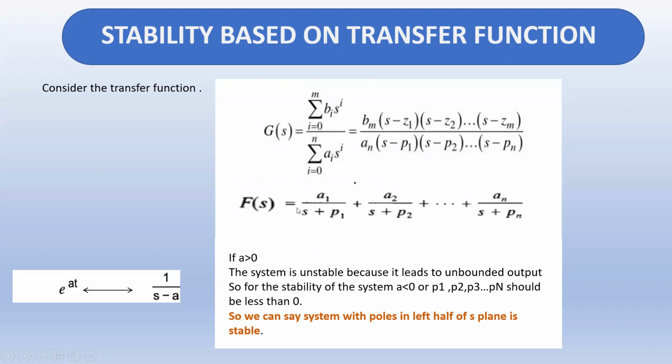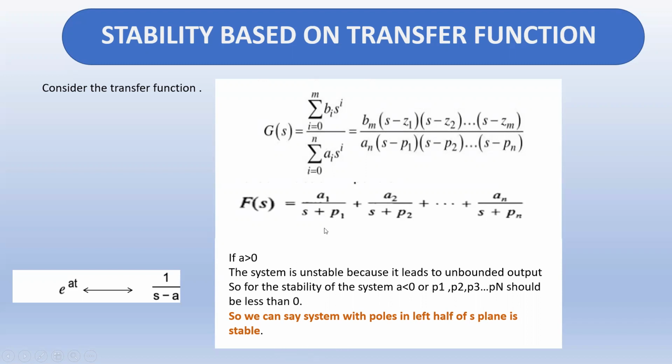Whenever the real parts of these poles are less than zero, the system will yield BIBO stability. We can summarize that a system with poles in the left half of the S plane is stable.